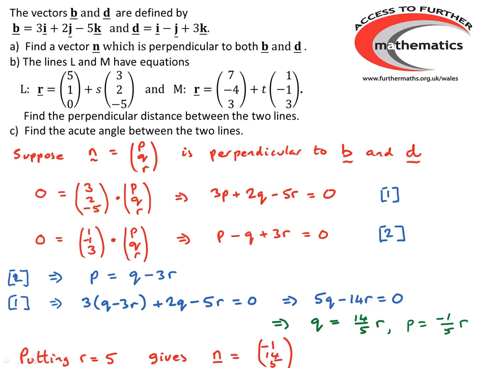That answer is not unique. We could have double that vector, so we could have the vector (-2, 28, 10), which would also be perpendicular to both b and d. All we're looking for, though, is a single vector that is perpendicular to b and d. So any multiple of that vector n would in fact do.